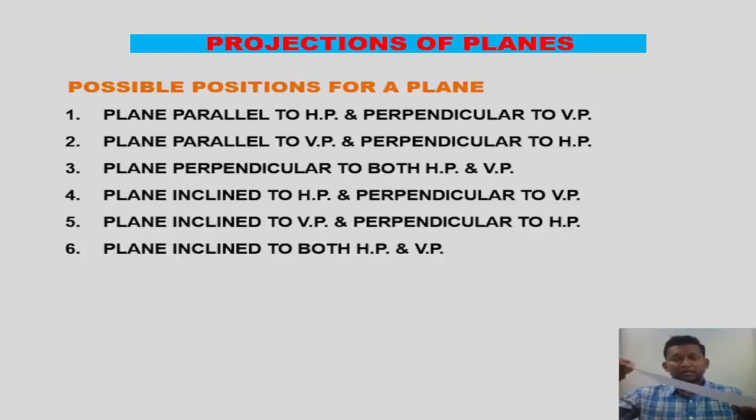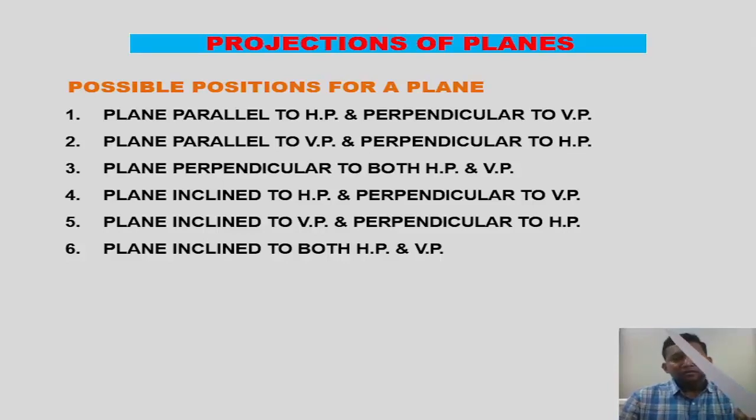Now this time it does not have the same distance, it has different distances. So this entire plane surface is inclined to the horizontal plane, and with respect to the vertical plane it is perpendicular. Now, neither in the front view nor in the top view can we actually see the true shape.